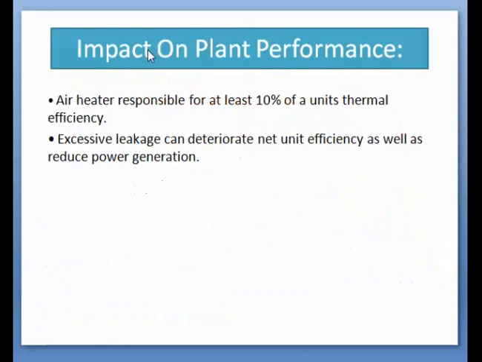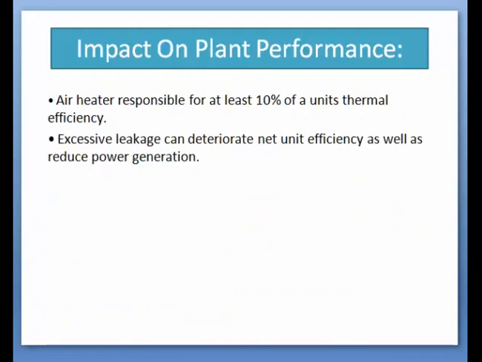So how does this air leakage impact the performance of a power plant? This air heater is responsible for at least 10% of a unit's thermal efficiency. Excessive leakage can deteriorate net unit efficiency as well as reduce power generation.